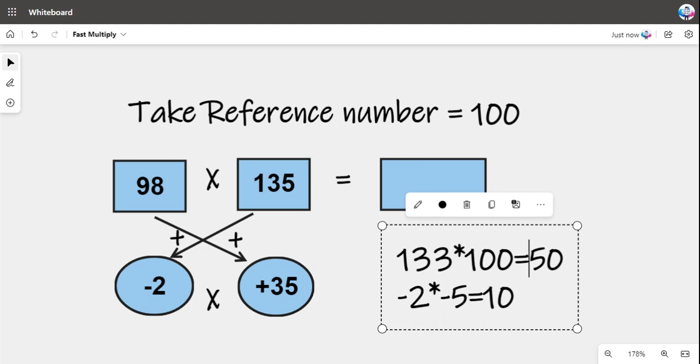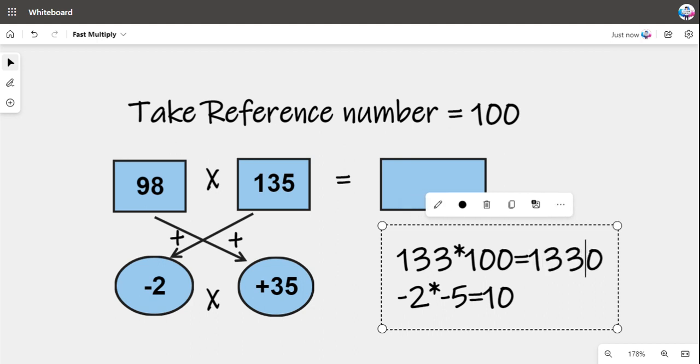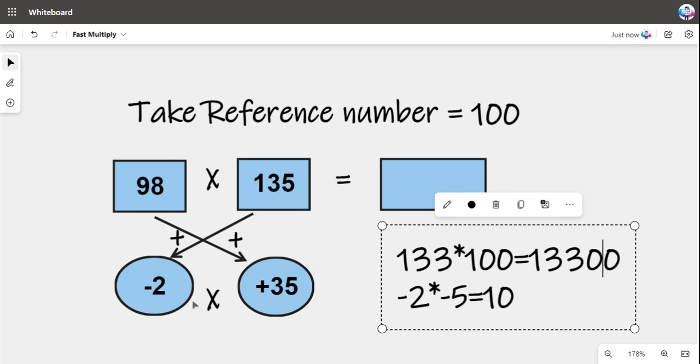The output we can get easily by multiplying any number with 100, so 13,300. Now we need to multiply the numbers within the circle, that is minus 2 into plus 35. The output will be minus 70.